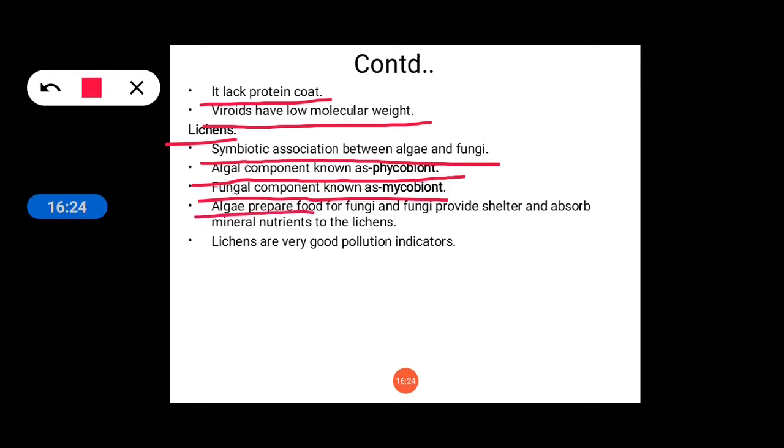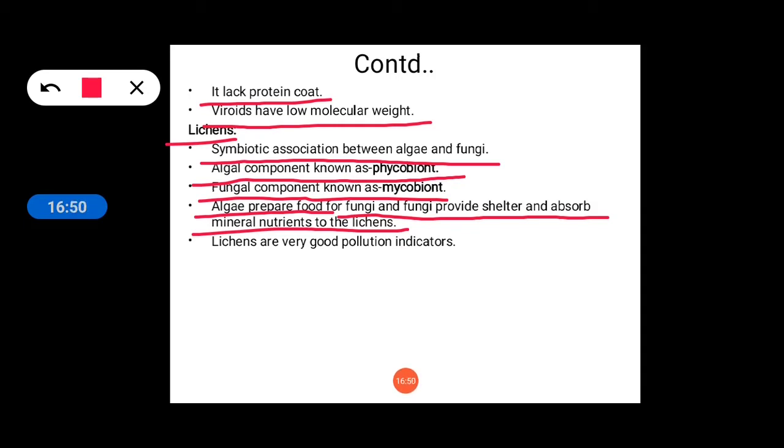Algae prepare food for fungi, and fungi provide shelter and absorb mineral nutrients for the lichens. Here, both the algae and fungi are in a symbiotic relationship. That means when they are together, both get benefited.